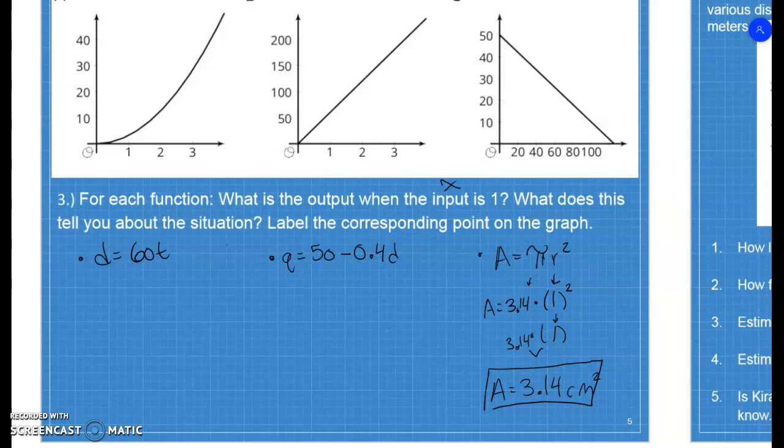So now what I'm going to do is do the same thing with the other ones here. I'm going to take a 1 and put it in for this letter d, and I'm going to bring everything else down so I know what to do. 0.4 times 1 is just going to be itself. Remember, anything times 1 is just itself. I'm going to add a 0 after this because what this really says is 0.40.